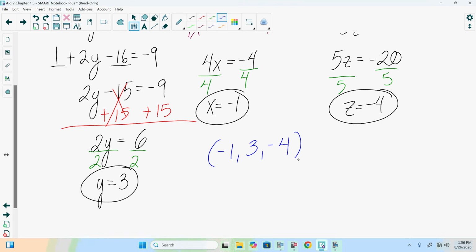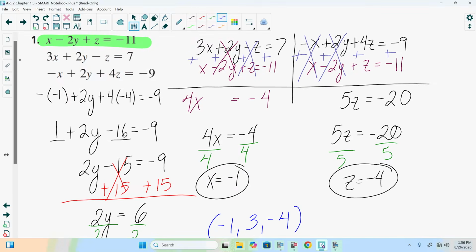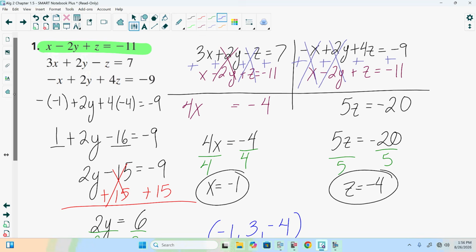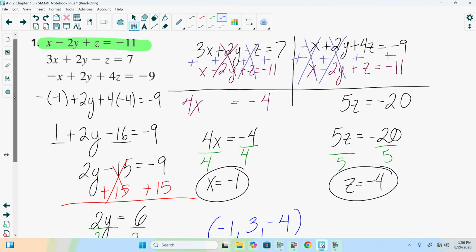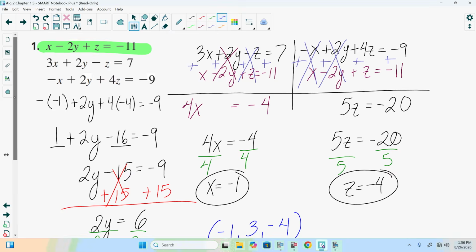Questions on this here? Yep, that would give us that. Yeah, 2x and negative 4x.